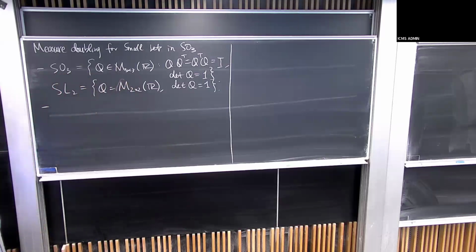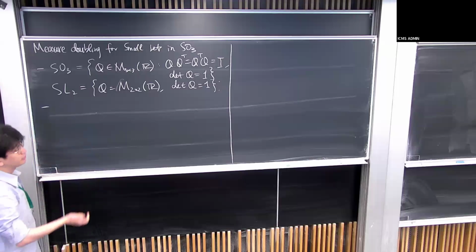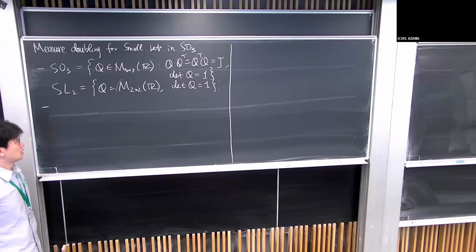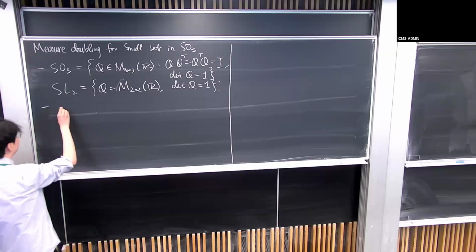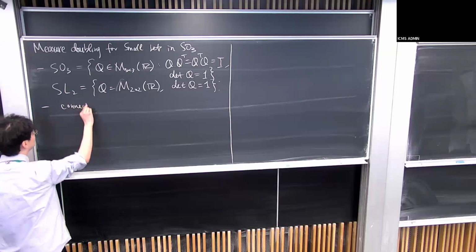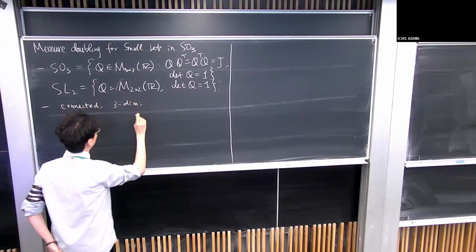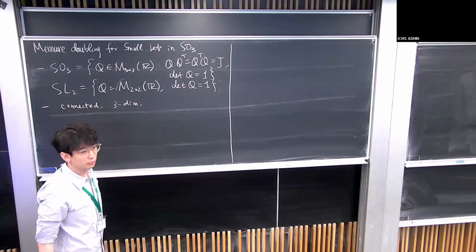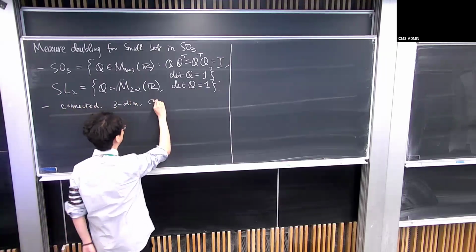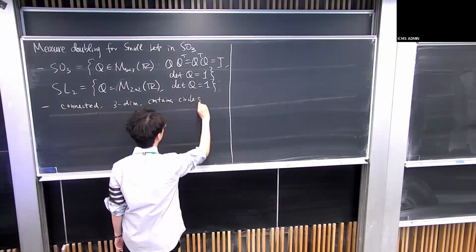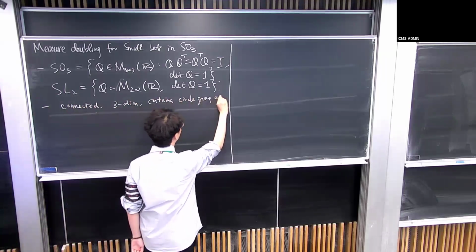Right. What else? Yeah. So both of them have dimension 3. They are 3-dimensional connected groups. And both of them contain a circle group as a closed subgroup.